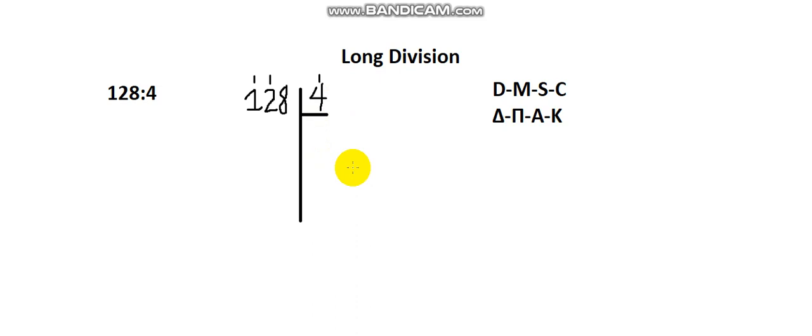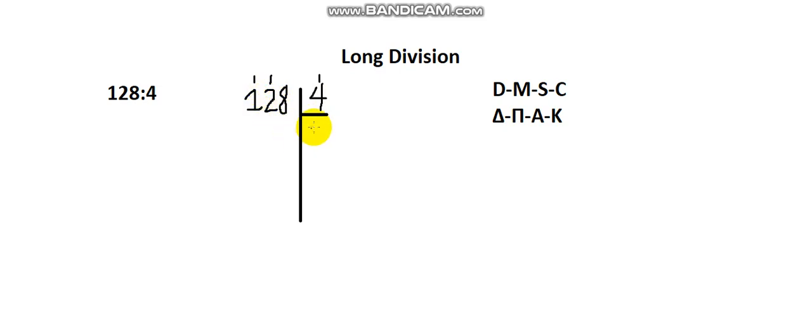And it's basically the exact same thing. We're just skipping a few of the steps to make it easier, so that it takes up less time. So again, when my divisor doesn't fit into the first number, I just put in the next digit as well and say how many times does 4 go into 12?